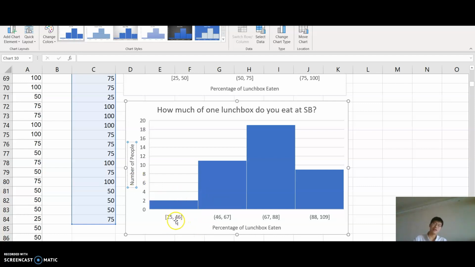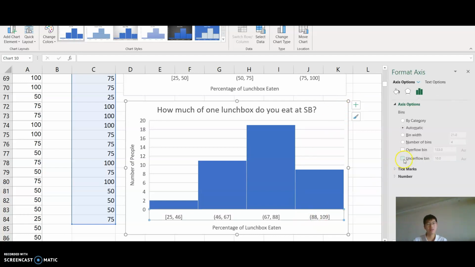These are not very pretty numbers, but we can just adjust those numbers. It's not that difficult, but I will not explain this that much.